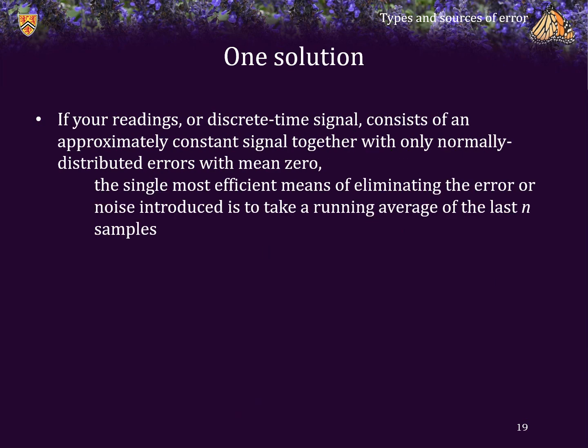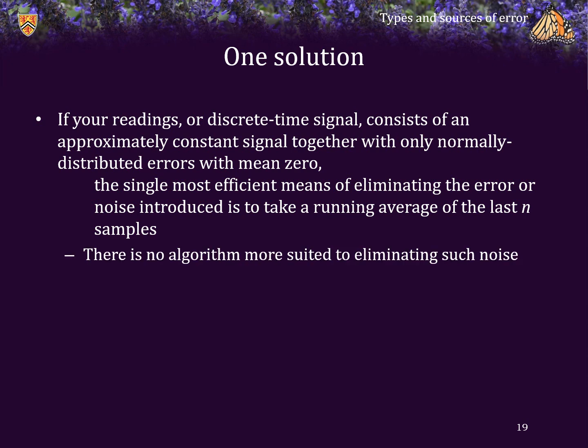Now, one solution, which works under certain circumstances, but unfortunately not always for engineering, is that if you are taking readings of a signal that is known to be constant, or at least approximately constant, and it is only being affected by normally distributed errors that are random, and those errors have mean 0, then the single most efficient means of eliminating that error is to take a running average of the last n samples.